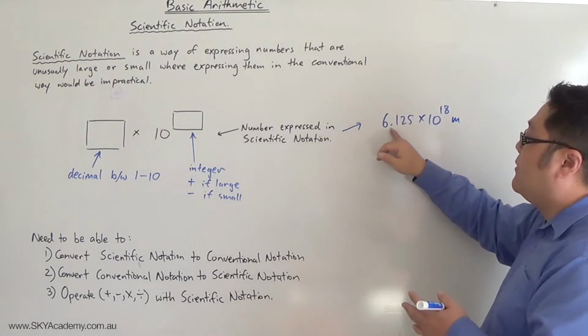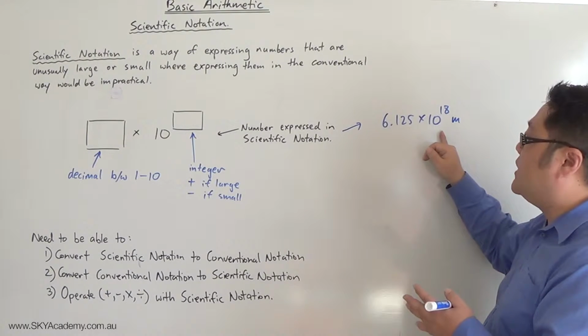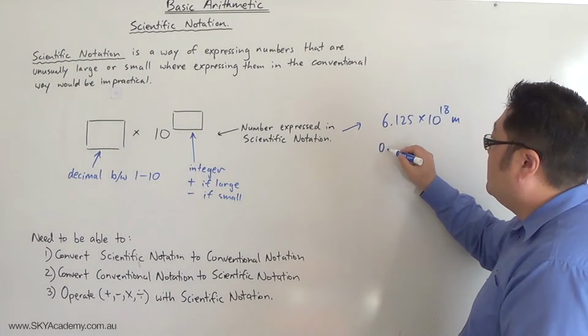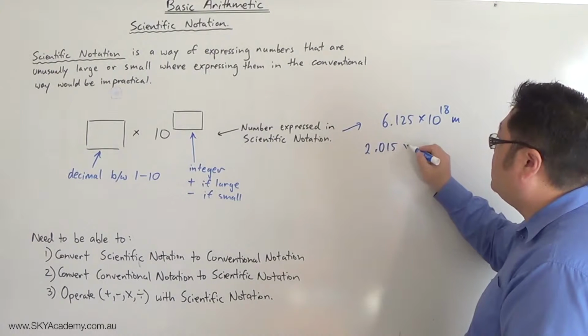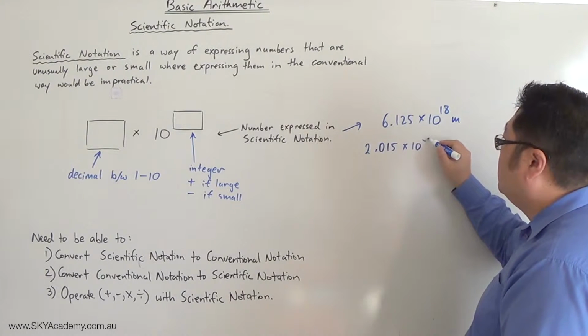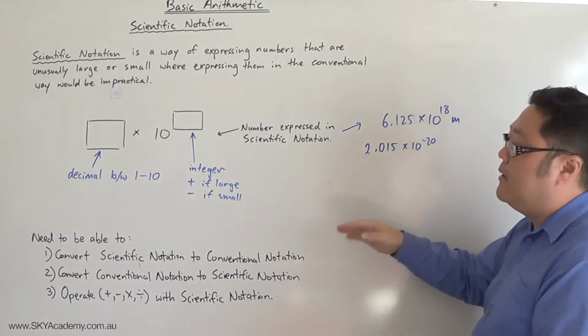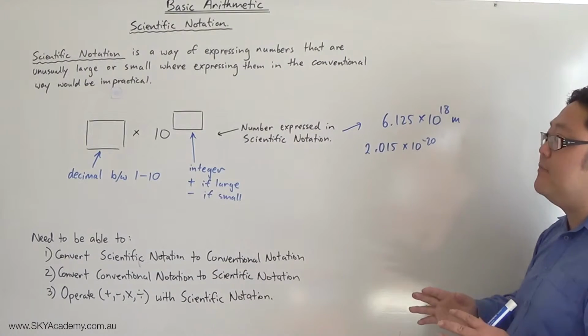That's an example of a number in scientific notation. Or you might get 2.015 times 10 to the minus 20, which might be another number, a really small number this time, expressed in scientific notation.